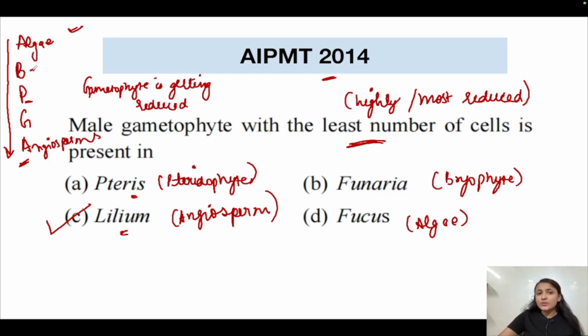In bryophytes, the gametophyte was a dominant structure and the sporophyte was dependent upon the gametophyte. In algae also the gametophyte was dominant and the sporophyte dependent on it. In pteridophytes, both sporophyte and gametophyte were independent structures. In gymnosperms, the gametophyte became dependent upon the sporophyte, and in angiosperms the same continued. But the most reduced gametophyte occurs in angiosperms, because this is the order of evolution that we are following. So the correct answer is option number C.